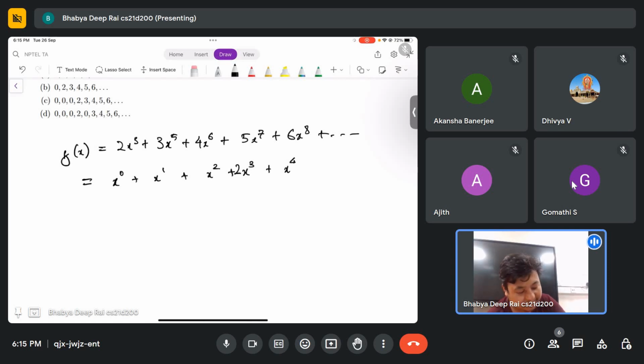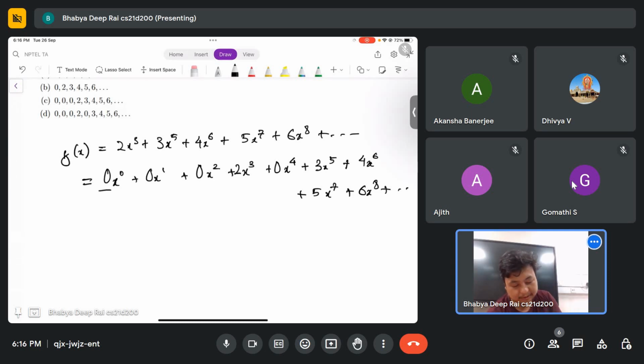So for those points that we don't know, we'll put a 0 because it means the same thing, right? So these two are equal because multiplying by 0 means that particular degree term is not there. So plus 3x to the 5 plus 4x to the 6 plus 5x to the 7 plus 6x to the 8 and so on.